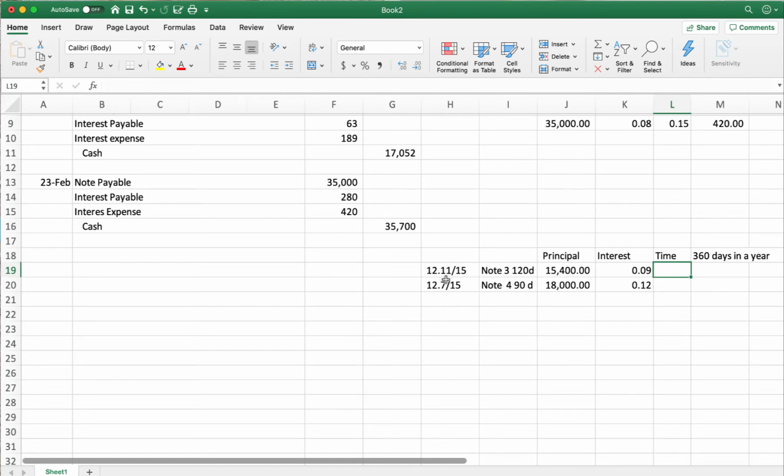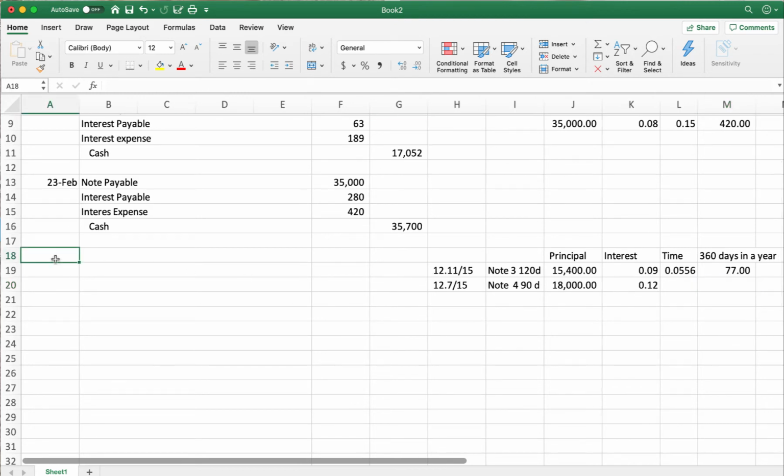That ends up being 20 days, okay? So what's my time? 20 days out of 360. To figure out my interest expense, I just multiply the principal amount times the stated interest rate times time. $77.